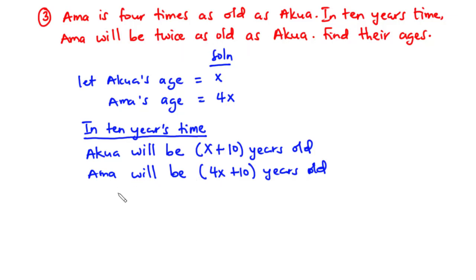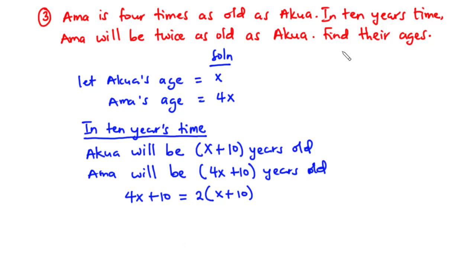So what is Amma's age? 4x plus 10 will be twice. So "will be" means that we are going to introduce equal to sign. Will be twice, that is 2 times of Equia's age. Equia is x plus 10. So this is the linear equation.